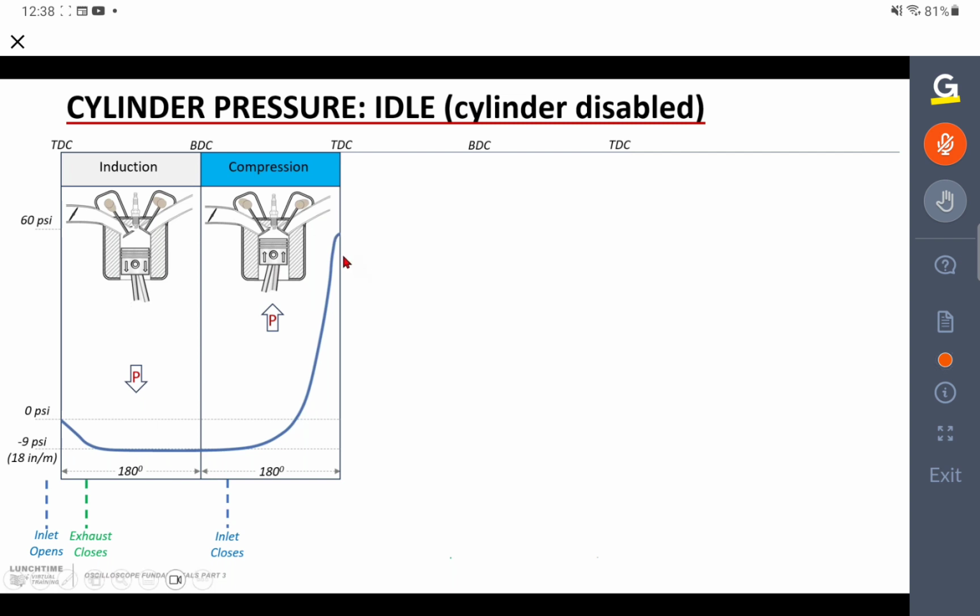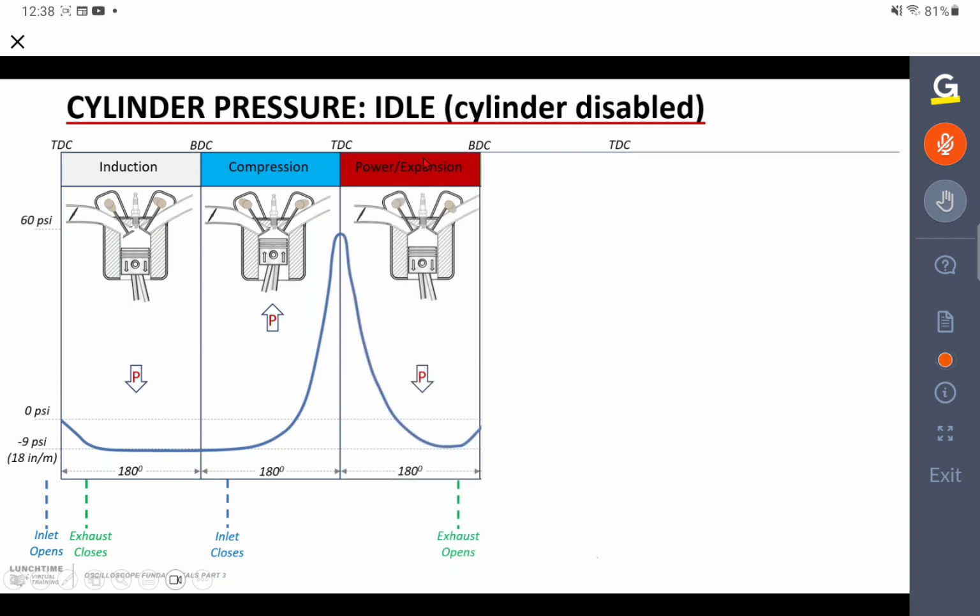If we're running the engine, that pressure, remember we said on the previous slide, that pressure will rise. Sorry, I'm calling this idle. This is actually running. I beg your pardon. 60 psi when the engine is running, not cranking. I'm sorry, I don't want to confuse you here. So we're at idle. The throttle butterfly is closed. So we're rising up to about 60, 70, 80, 90 psi at idle.